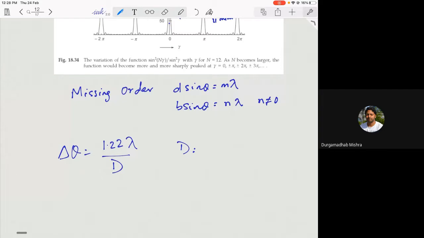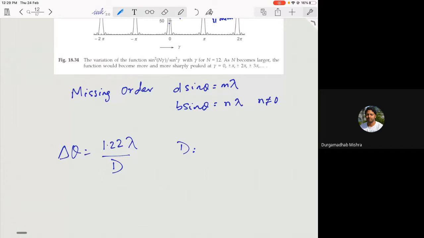If you want to resolve two far away objects, for example stars, using a telescope, you would like to use an objective lens with a large d, a large aperture. If d is large, your resolving power is high, so you can distinguish between the two distant stars.